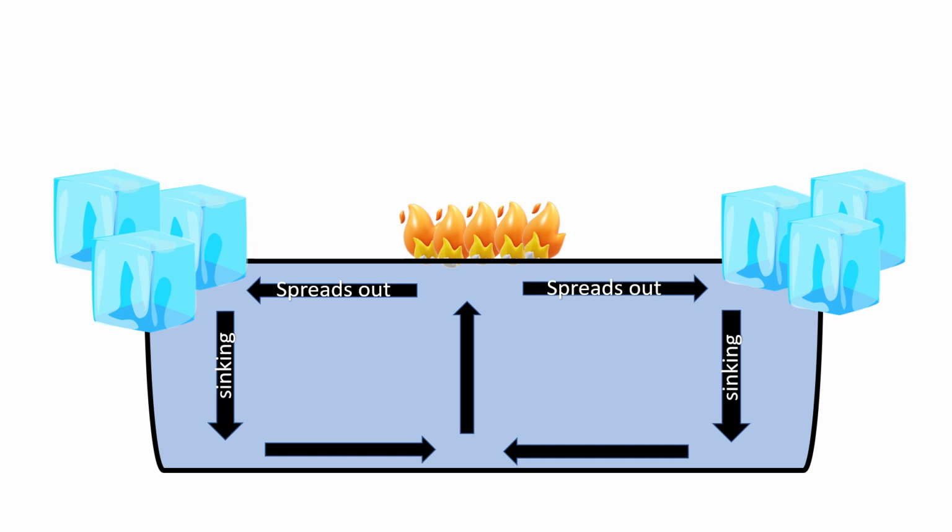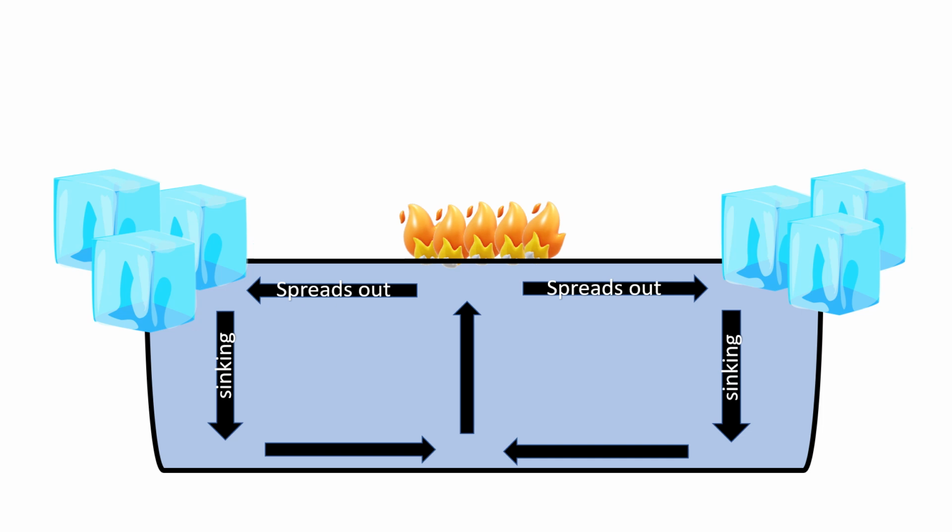Here is why. The ice cubes cool the water particles closest to them, making them denser and causing them to sink down. Meanwhile, the heat source at the top warms the water particles there, making them less dense, causing them to spread out and replace the sinking water at the circumference.